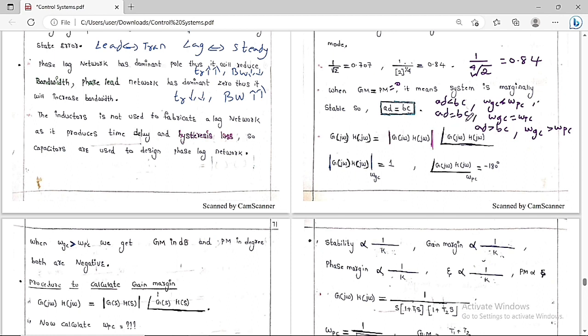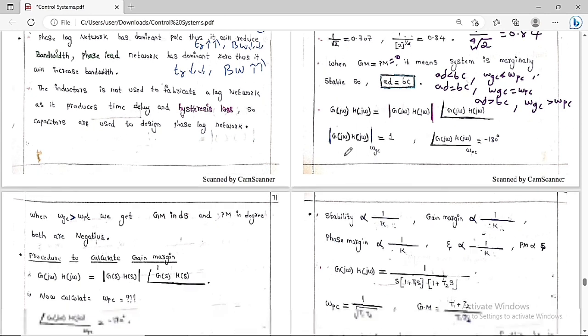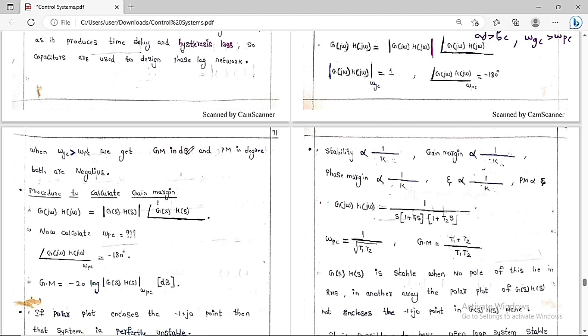Whenever AD is equal to BC, the system is said to be marginally stable. Therefore, the gain crossover frequency is equal to the phase crossover frequency, and both the gain margin and the phase margin are equal to 0. And whenever AD is greater than BC, the system is said to be unstable. Therefore, the gain crossover frequency is greater than the phase crossover frequency, and both the gain margin and phase margin are negative. The same thing we can see clearly in this picture also.